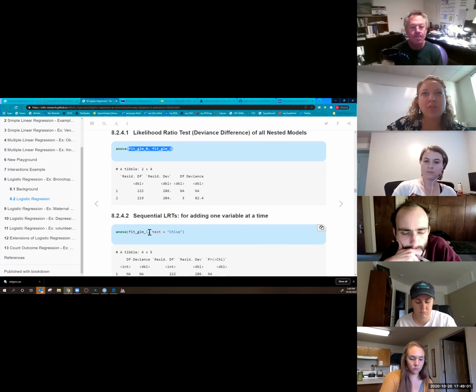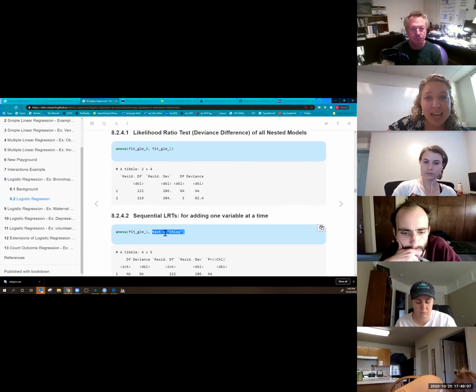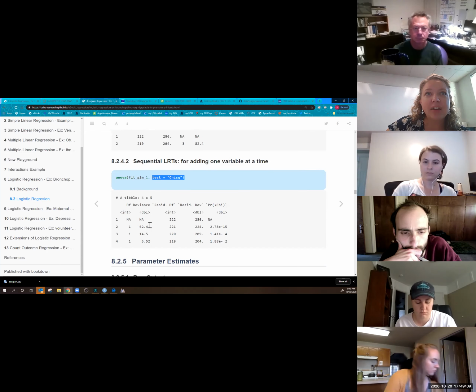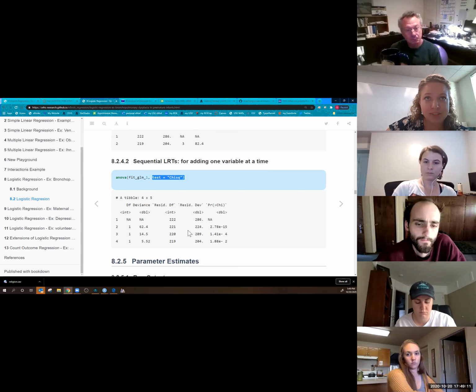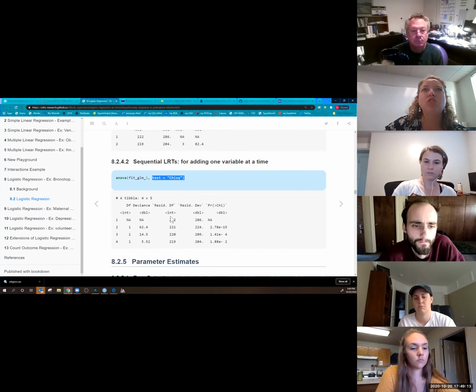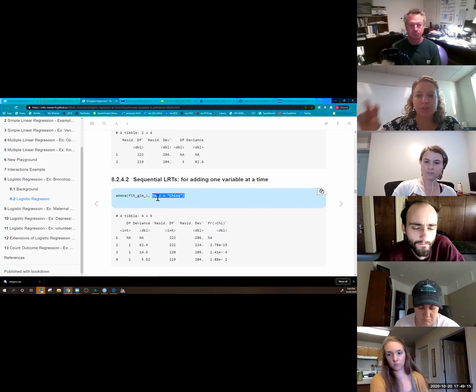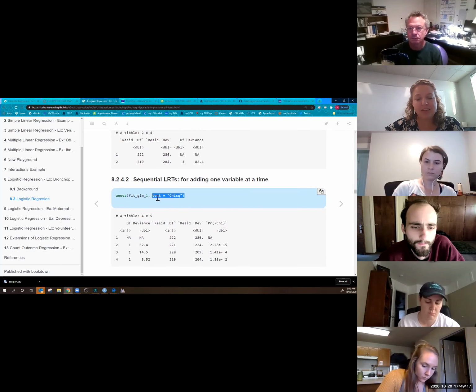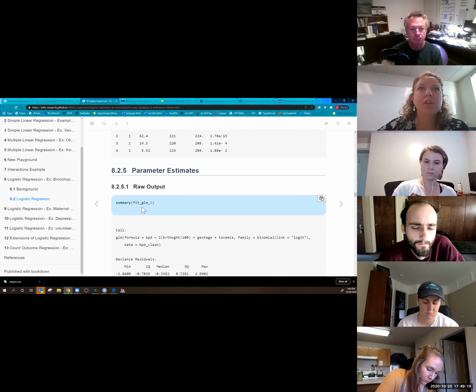When you're doing likelihood ratio, you have to tell it that you want to test. If you have 1 model, you can say test chi-squared, and it will do this thing. But if we have 2 models, we want to say test equals, in quotes, LRT. And I'll show you one of those in a second.